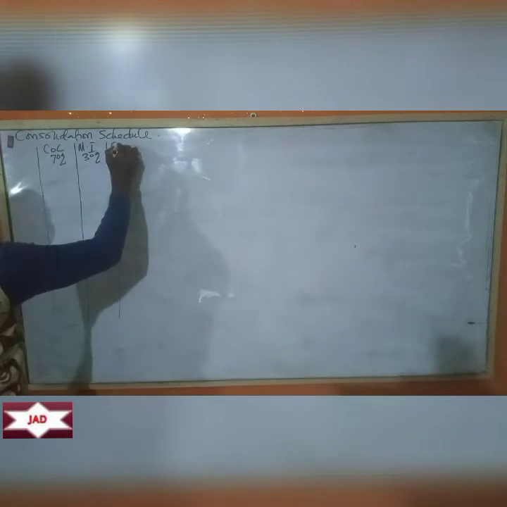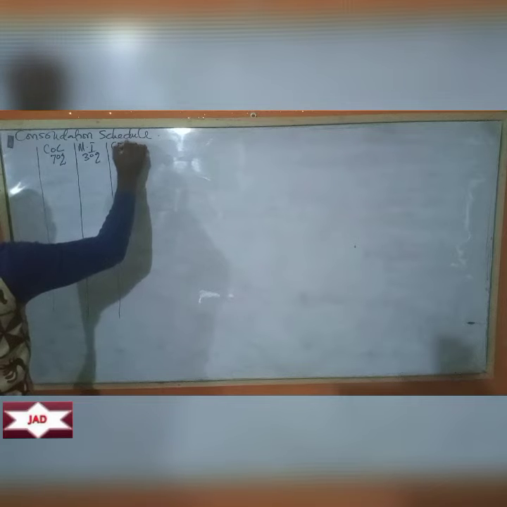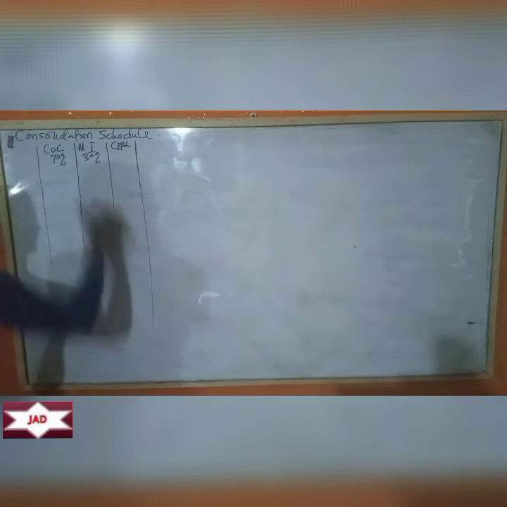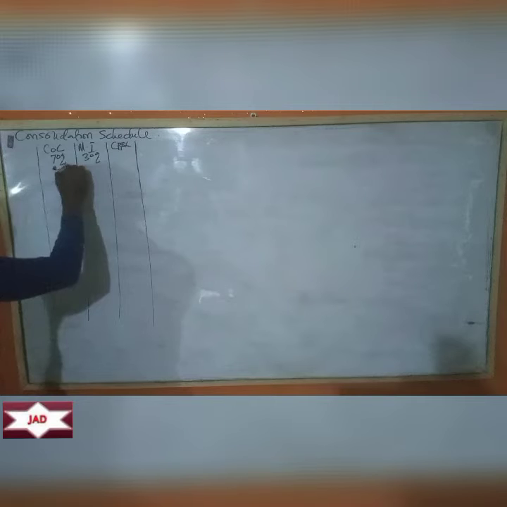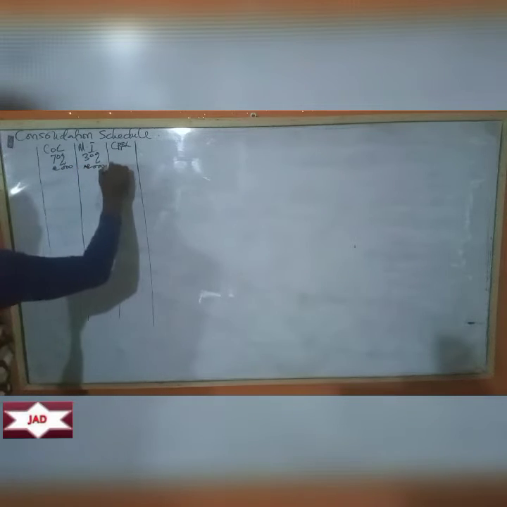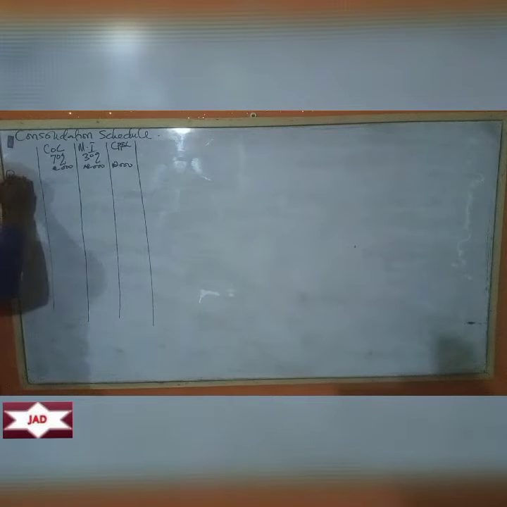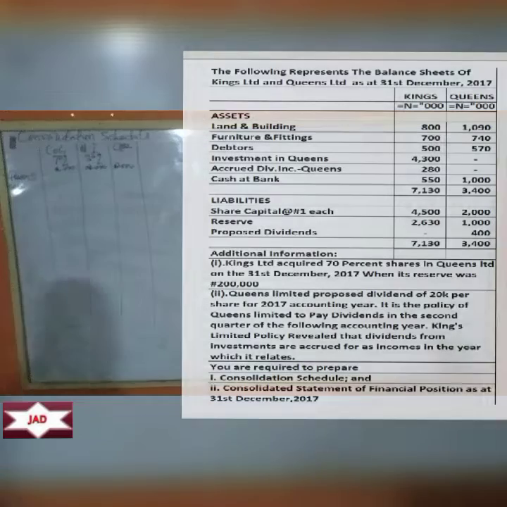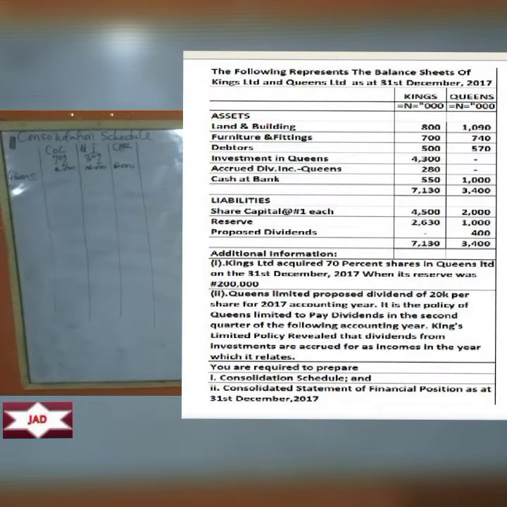This will be consolidated profit and loss. Okay. So let's go. We have Queens. What's the share capital of Queens? ₦2 million, ₦1 each. So 70% of this is how much?